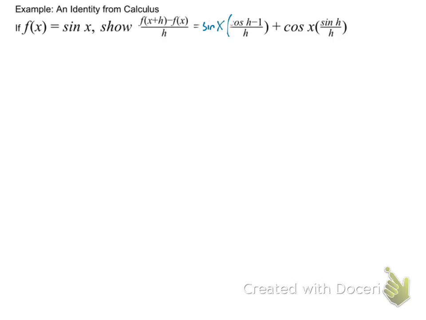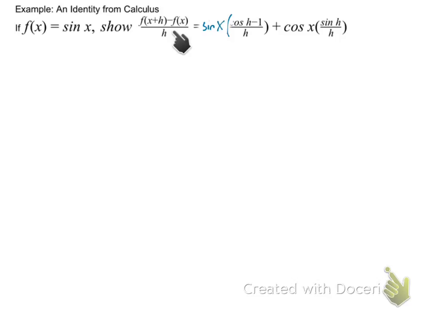If I see this problem and I ask you which side's more complicated, you probably would say, hey, the right-hand side looks more complicated than the left, right? But here's the thing. The left-hand side is missing the fact that you're calling f of x sine of x. So this side still needs to be expanded or put together. There's almost no way to make this side look like function notation without having the function in it.